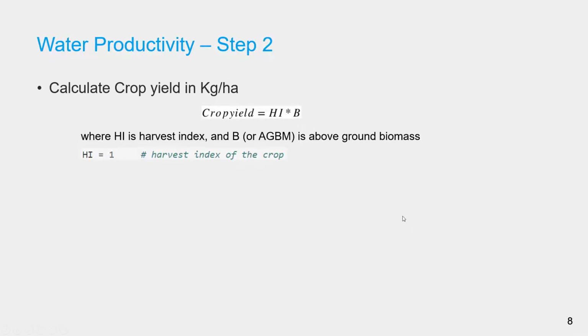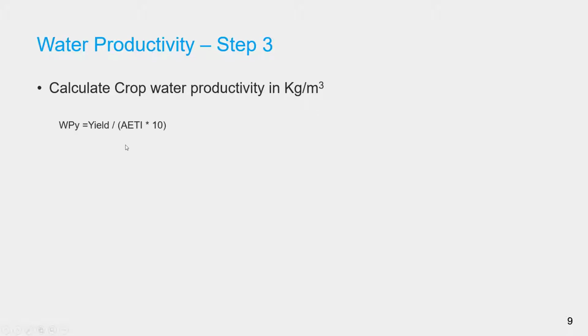So let's move to step 3, the final step, calculate crop water productivity in kilogram per meter cube. To do that, we will use this particular equation, yield divided by actual evapotranspiration multiplied by 10, which will convert the unit into kilogram per meter cube, which will give the crop water productivity for sugarcane.